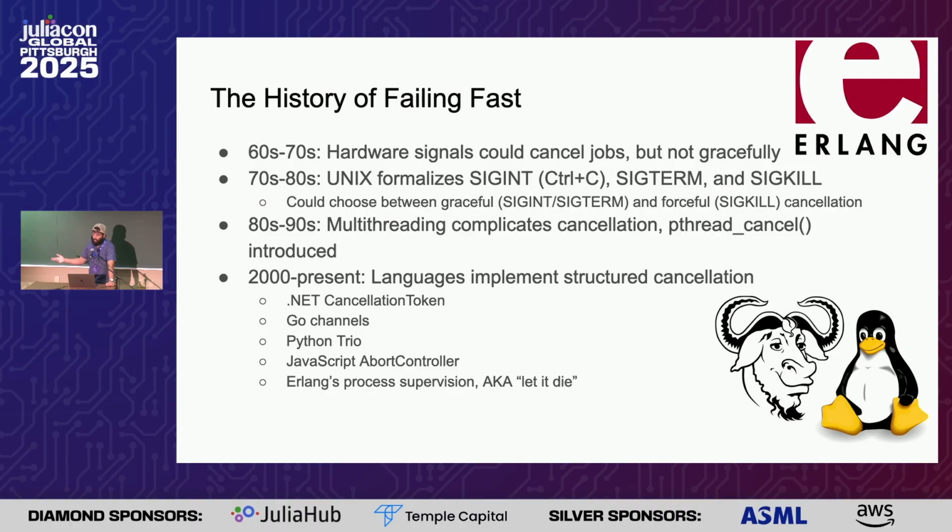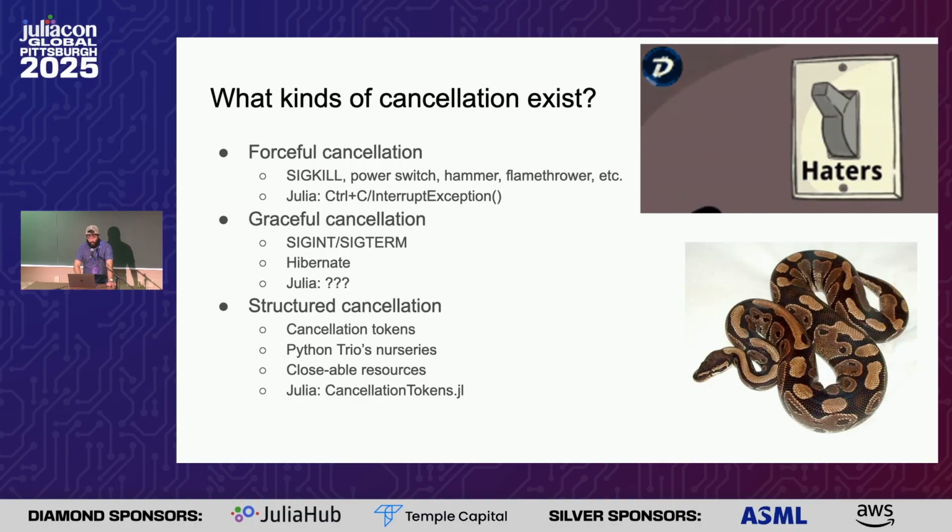Go has channels, which are closable. I didn't really look into how they do cancellation. Python Trio is kind of similar to cancellation tokens, a very structured cancellation mechanism. JavaScript has its own thing, and Erlang has the phrase "let it die" as its motto because cancellation is built throughout the language, very nicely integrated.